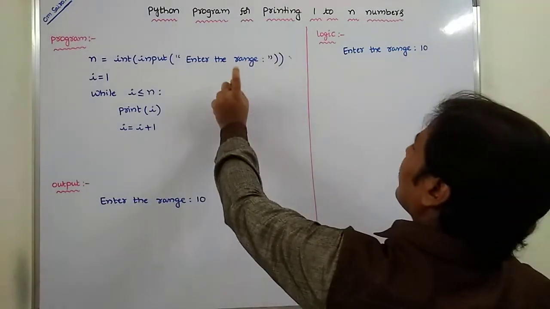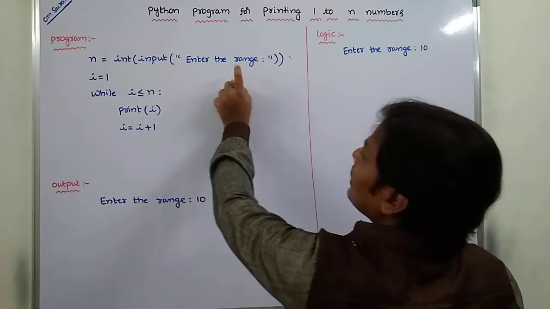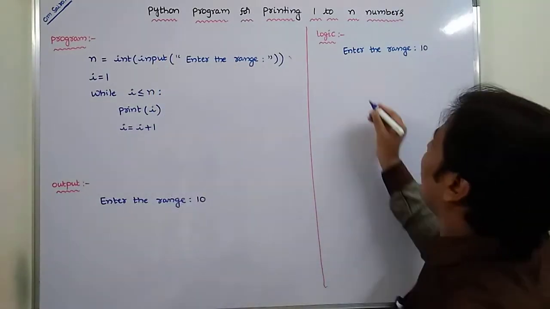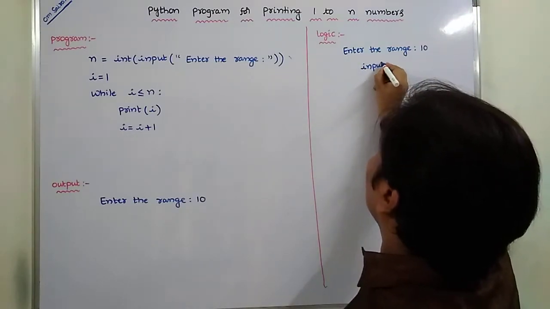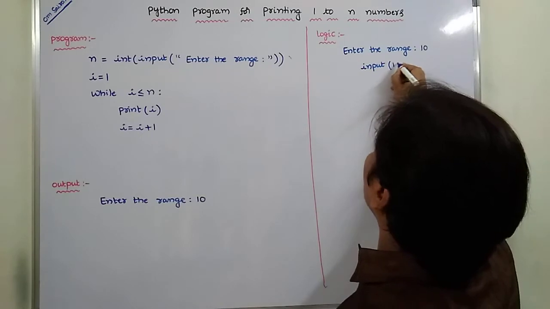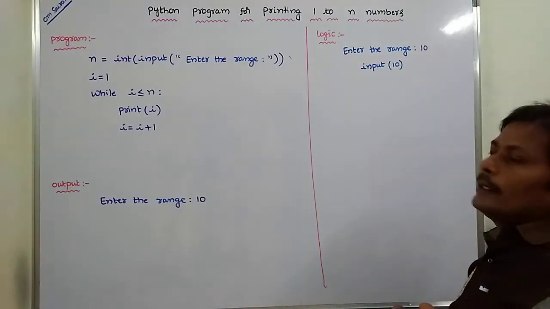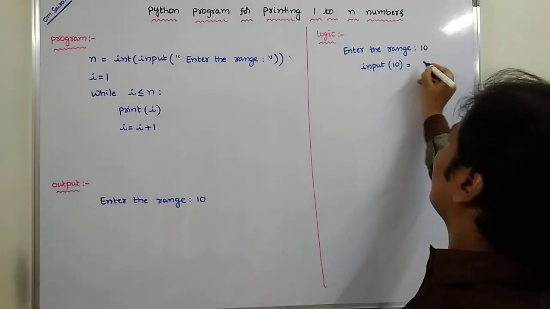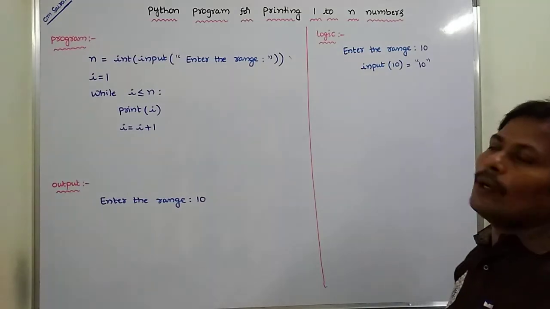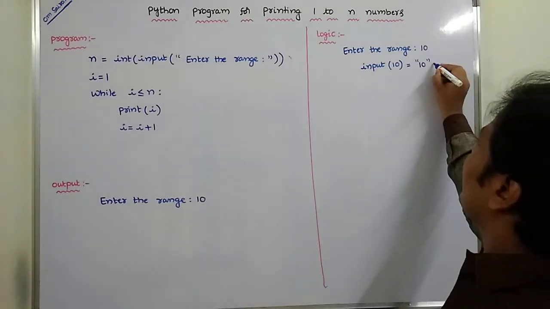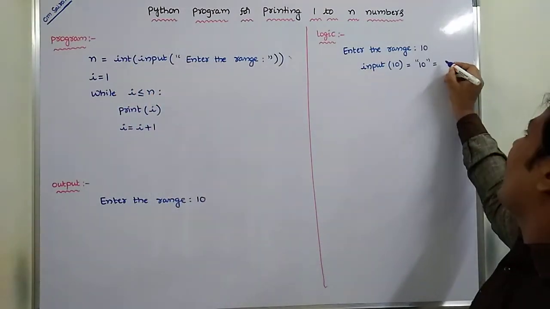Whatever the given range value from the keyboard, that value can be taken by the input function. The input function can take the value that is entered by the user from the keyboard. That input function returns the string value of 10. This string value of 10 is typecasted using int.